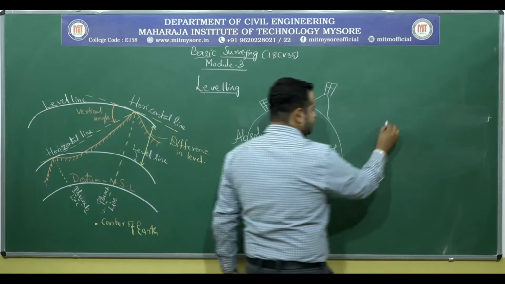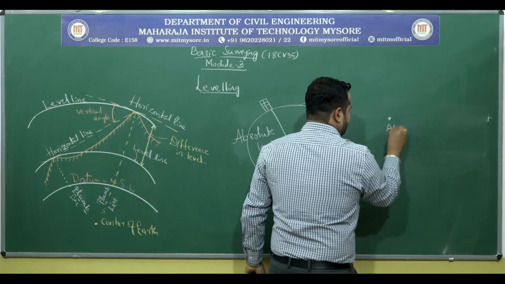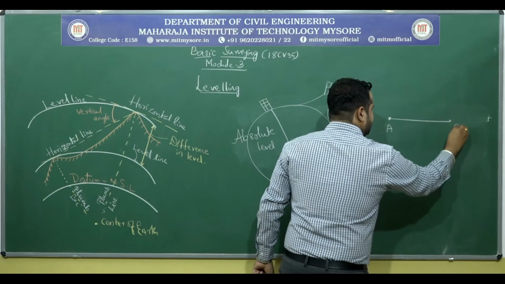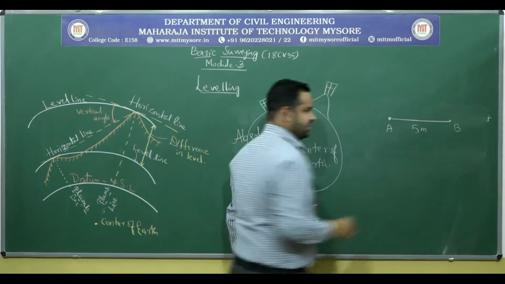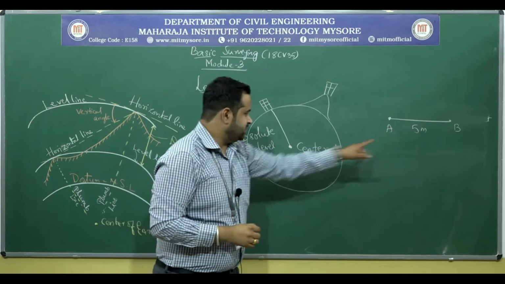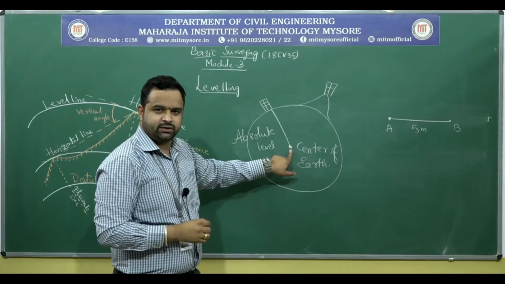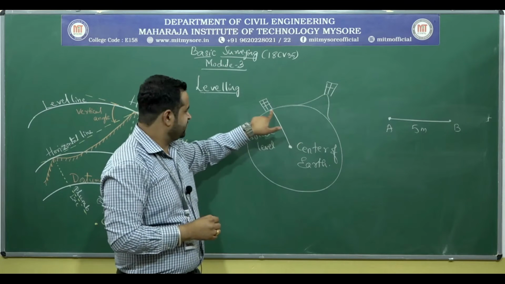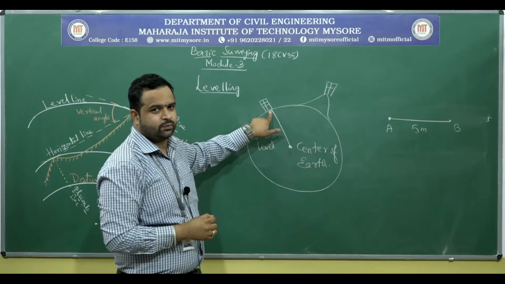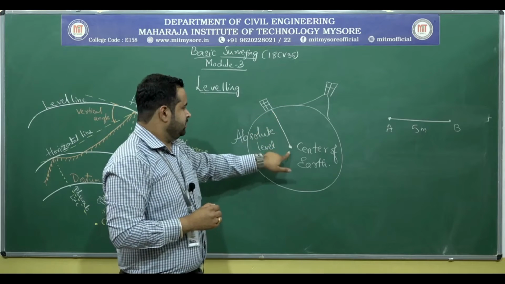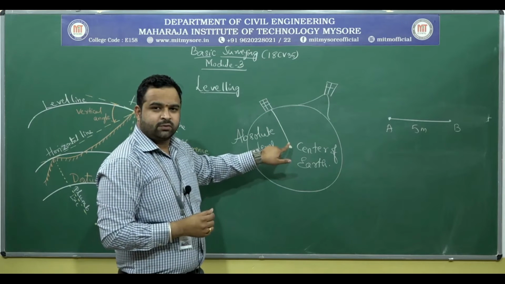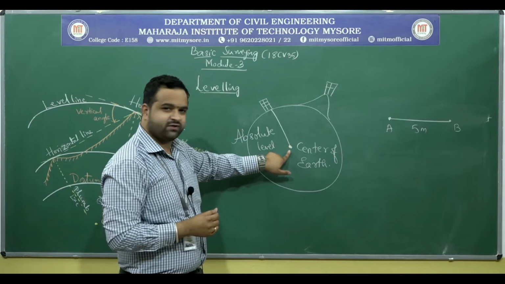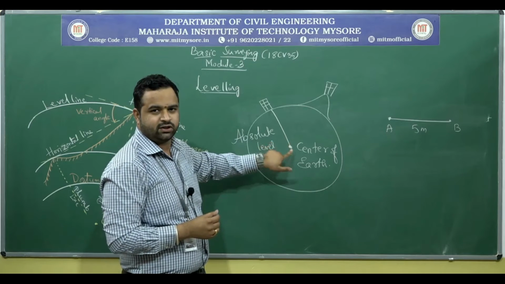For example, let me consider point A to point B at a distance of 5 meters. Similarly, we should consider point A and point B whose distance is known, then we can easily find out the position of this point. But we cannot keep on taking the center of earth as reference for all the points.